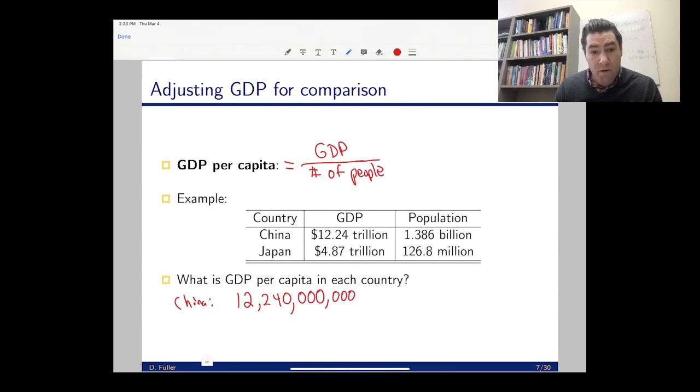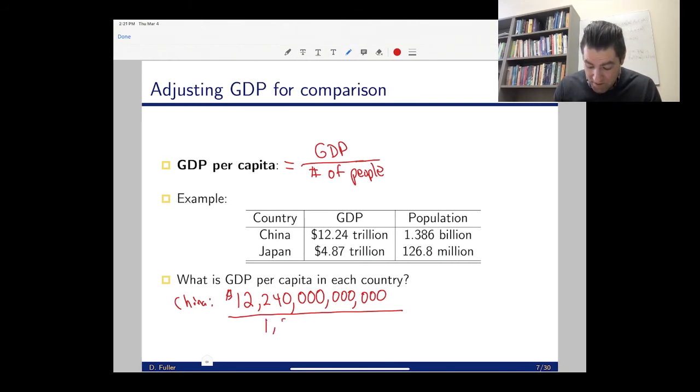I add 3 more, and I've got billions. If I add 3 more, I now have trillions. So that is $12.24 trillion. And to convert to per capita, I have to divide by their population, which is 1.386 billion.